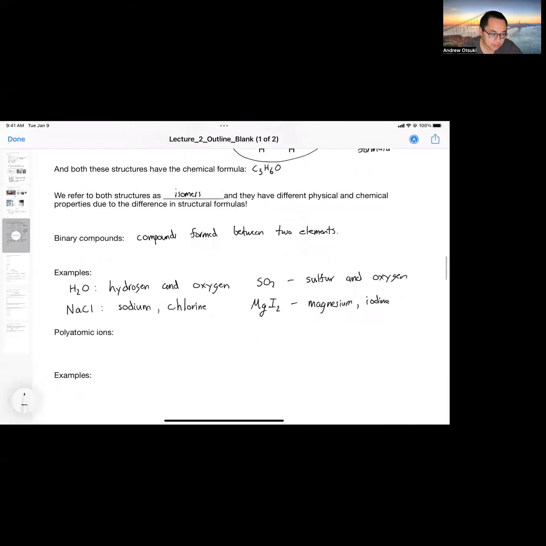All right, polyatomic ions. So polyatomic ions are basically ions that have a charge, but they're made up of more than one atom. So the charge of the ion is the charge of the whole structure, not just the individual atoms. The atoms all have some charge, and they all add up to +1, +2, whatever the charge may be.